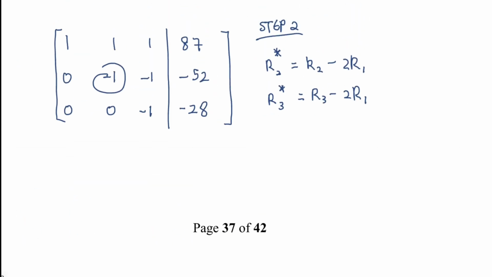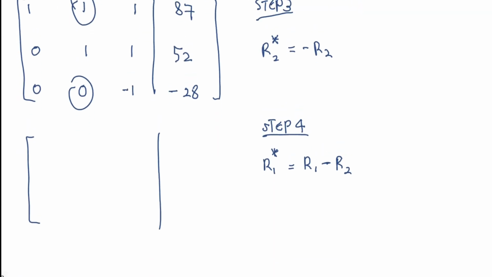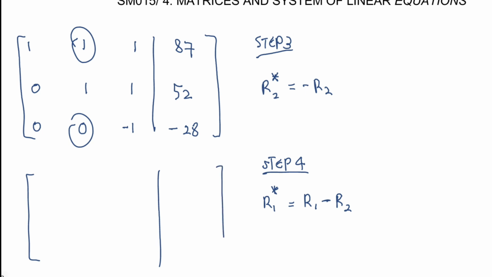Right? So the solution will be 0, 1, 1, 52, 0, 0, negative 1, negative 28. And then you will have here 1, 0, 0 and 35.